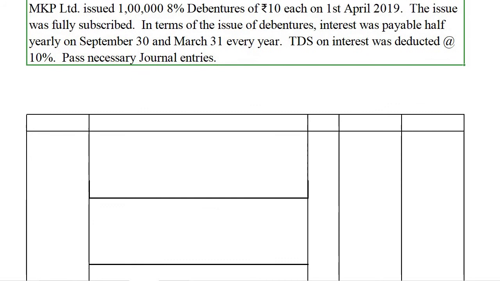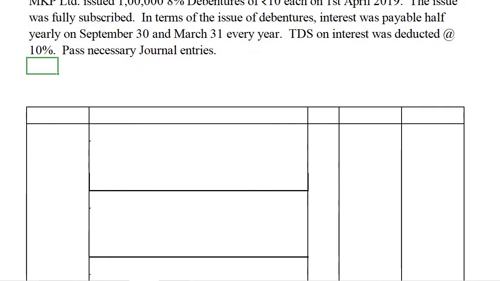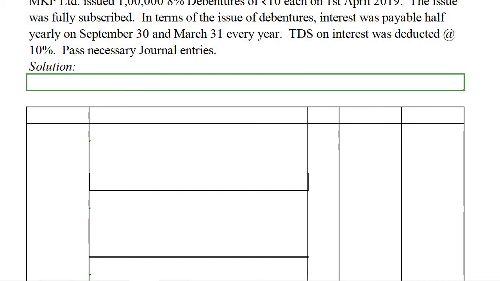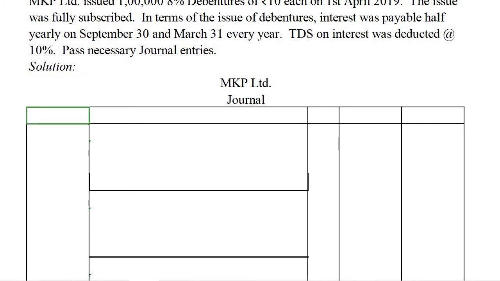As we know, we will write the solution here, in the books of MKP Limited. We have the journal, and we should enter all the proper headings.